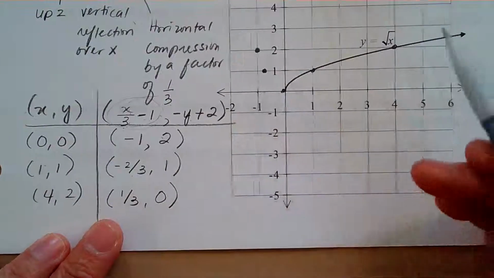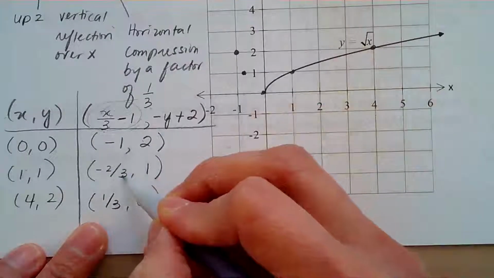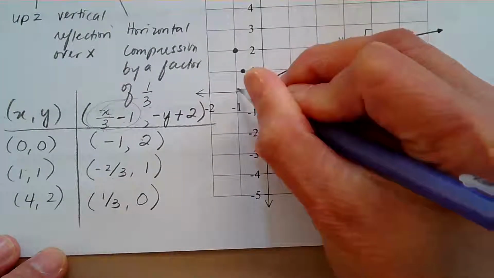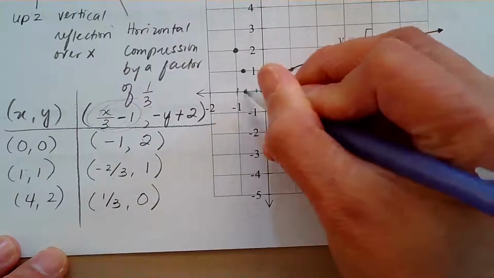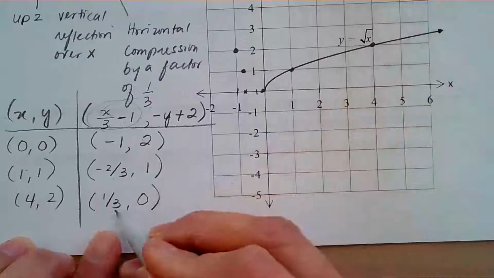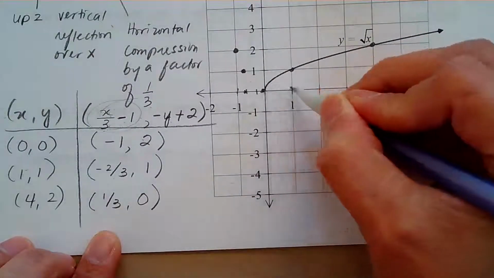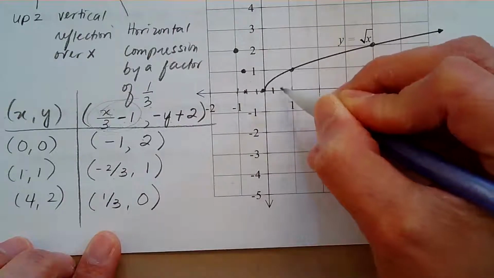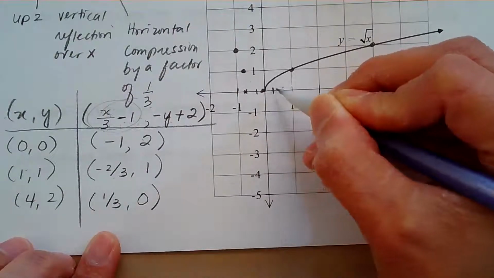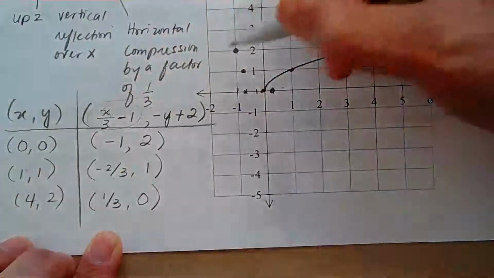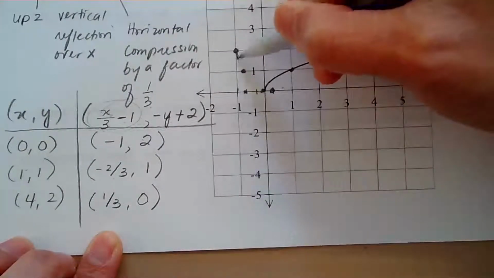Negative 2/3. So basically what I do is if it's in thirds, this is what I'm thinking about. 1/3, 2/3, 3/3. So negative 2/3 is here. And then this is 1/3. So from 0 to 1, 1/3 is right there. Then that's the point right there. So it's going to be something like this.